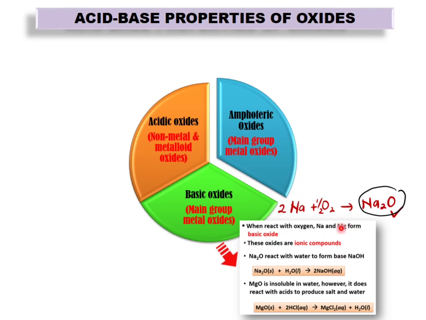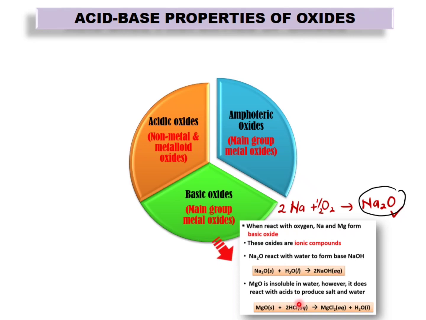But if you use magnesium when react with oxygen, it will produce magnesium oxide. This magnesium oxide is insoluble in water. So how to show the basic properties of oxide? So cara dia kita reactkan magnesium oxide with acid, which is here we have HCl.